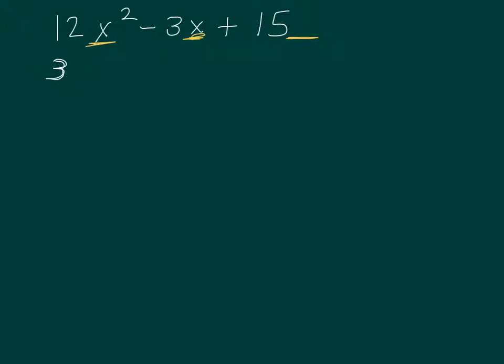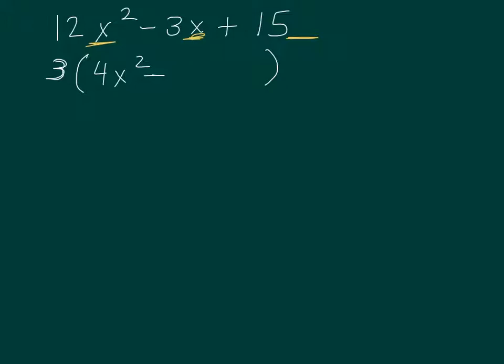That's fine. Sometimes you'll only be able to factor out a variable. Sometimes you can factor out both. Sometimes you're only able to factor out a number. That's totally okay. So I'm going to still have parentheses. In parentheses, I'm just going to basically list what I would have after I divide everything by 3. 12 divided by 3 is 4x squared. 3 divided by 3 is 1, so I put minus.